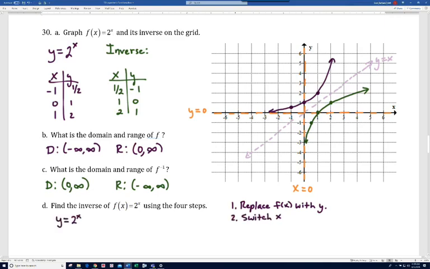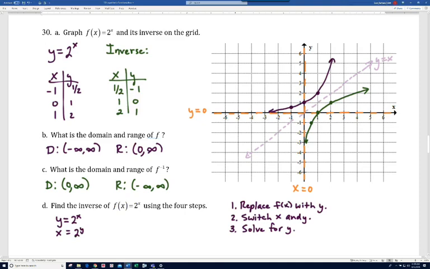And then this is the key step. We switch x and y just like we did with the points up above. So we switch our x and our y. And then the other key step is we solve for y. Now, notice, anytime you have a variable in the exponent, you're going to have to use logarithms in order to solve this.